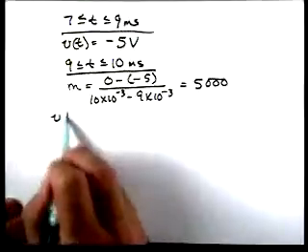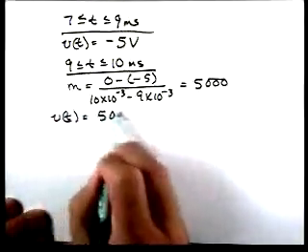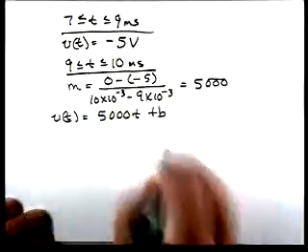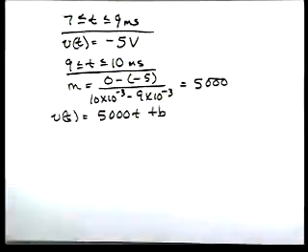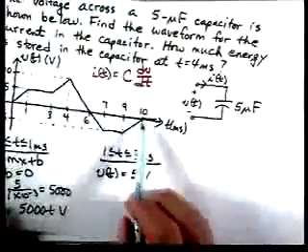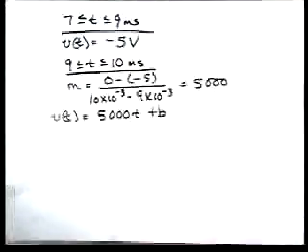So V of t is 5,000 t plus B. At 10 milliseconds, the voltage is 0.